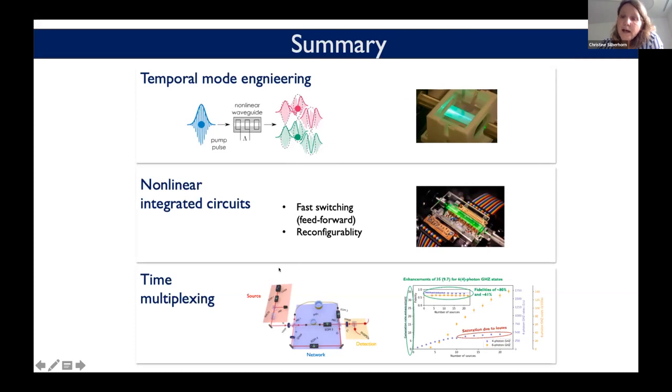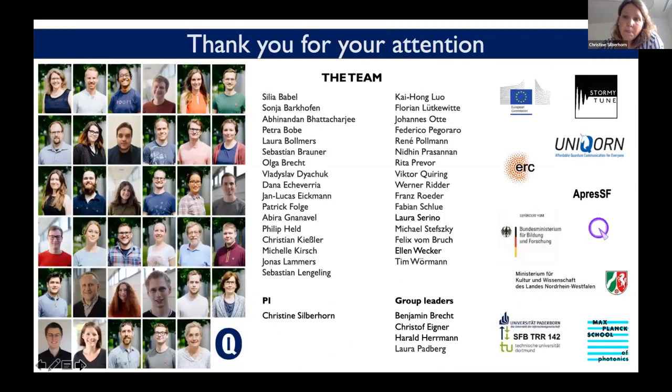Last but not least, I showed you time multiplexing, which is yet another way to highly efficiently scale up such systems to basically achieve really also in photonics very nicely systems which we can use for large scale systems. And I showed you how the interferences, first and second order interference, play a role and how we can use this time multiplexing to also achieve highly efficient state generation.